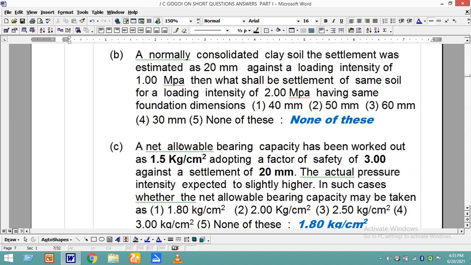Because we can reduce the safety factor. 3 is applied, but we can go for 2.5 as per the code provision. If we divide by 2.5 instead of 3, then it will come to 1.8. So we can adopt 1.8.